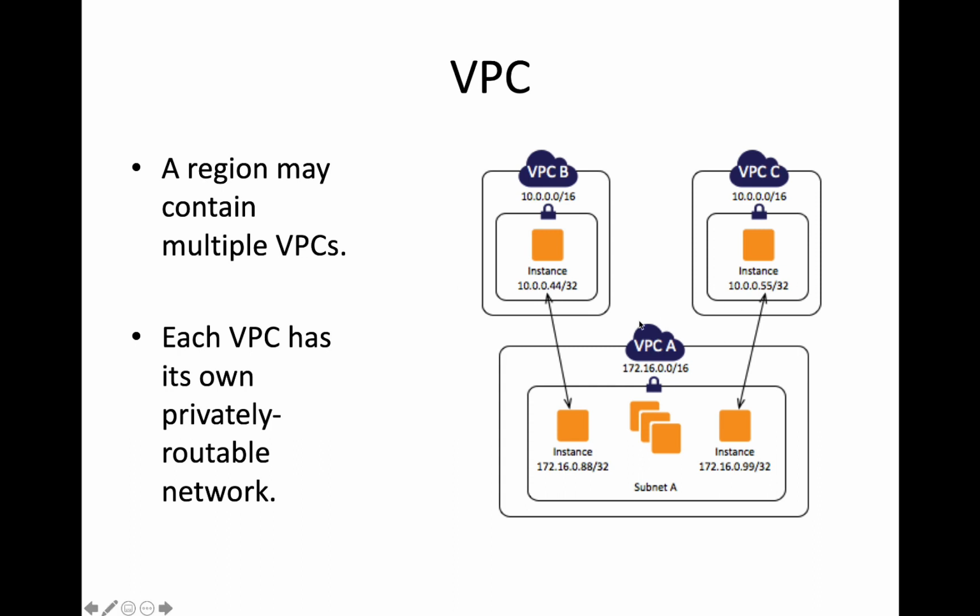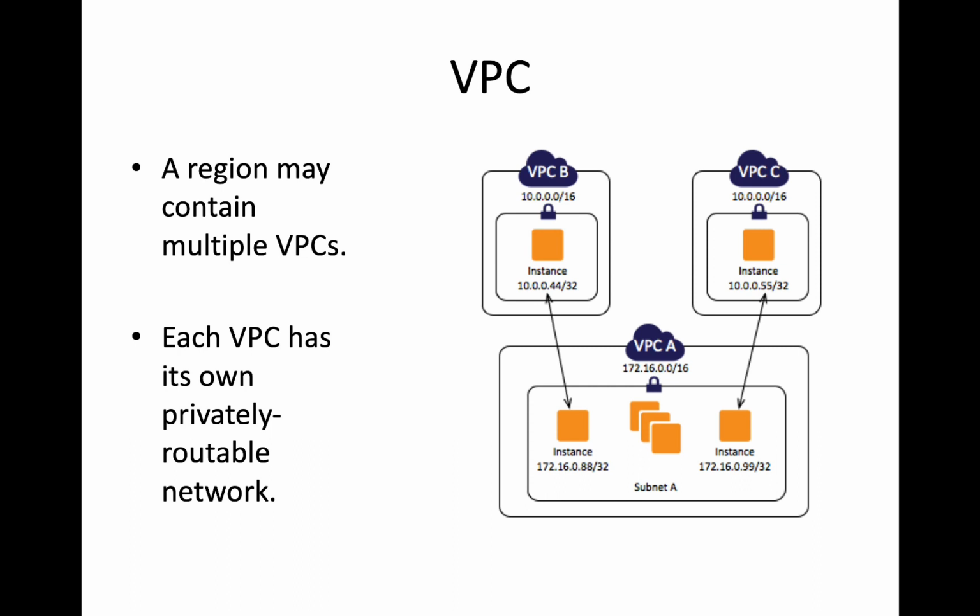So because each VPC is its own self-contained thing, it's perfectly acceptable to set up multiple VPCs in the same region that have the same network blocks. That doesn't cause any kind of conflict because they're completely separate, partitioned containers.